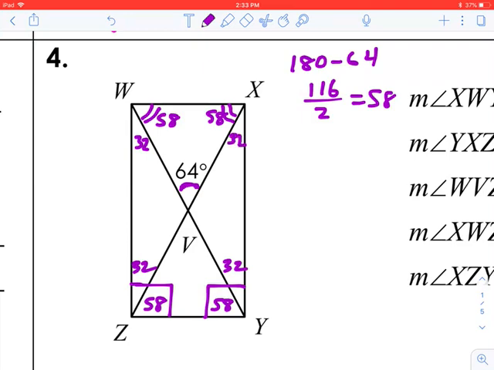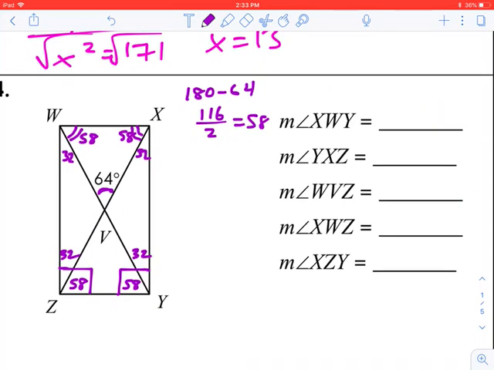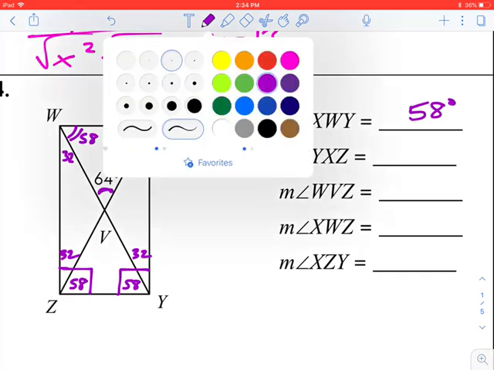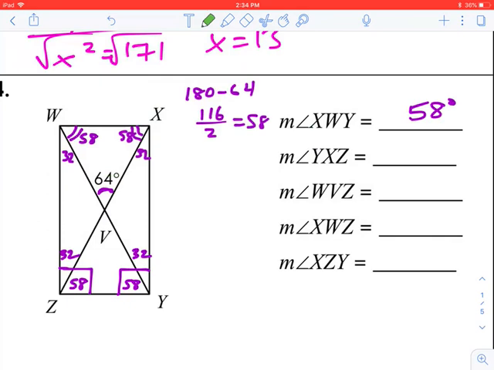And then the other, well, let's see what we're looking for. XWY would be 58, like we said. YXZ, I'm going to label these as we go. YXZ would be here, so that's 32. WVZ is right here. Now, either take these and subtract 180, or look at 64 and that angle.